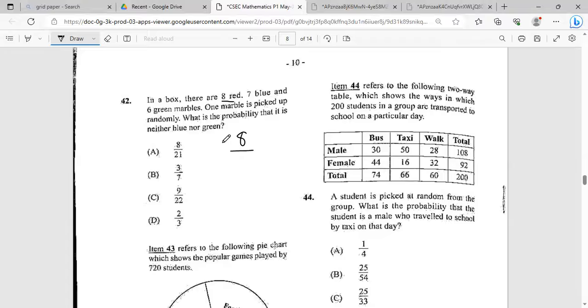Oh, but probability. Hold on, guys. All right, guys, I'm showing you 2 ways, right? So I think of 8 over 21. All right, look at another way you could look at it. You could look at the probability of picking this or this, right? So this is 6 over 21 plus 7 over 21, right?